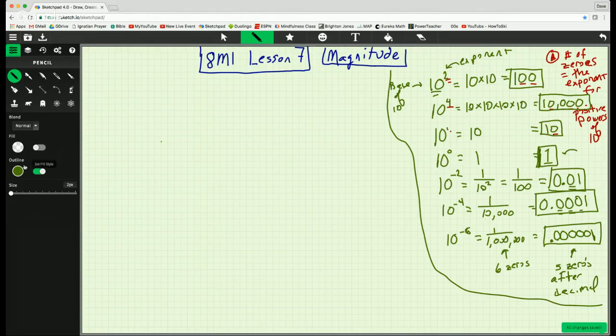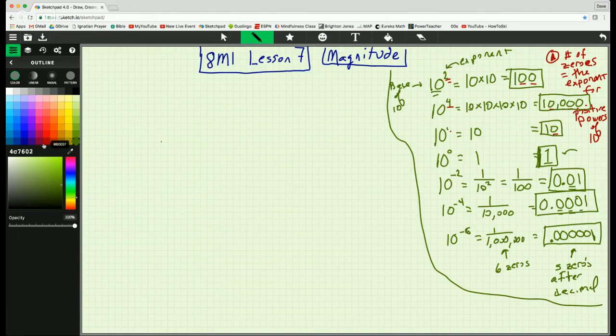Now the second thing I want to show you is how to find, let's use a different color, orange, or reddish orange.